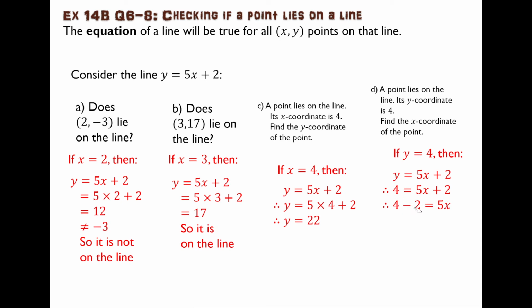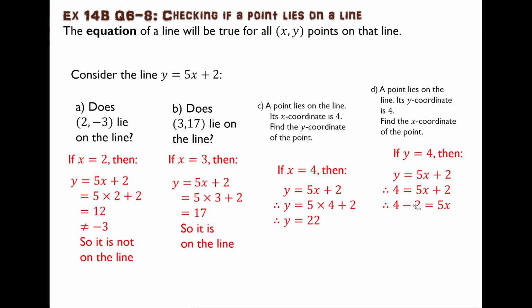So 4 minus 2. The 5x is still a term by itself on the right-hand side. And now I've got these two terms on the left-hand side. The reason that I did that is so that the constants, the numbers, are together on the same side.